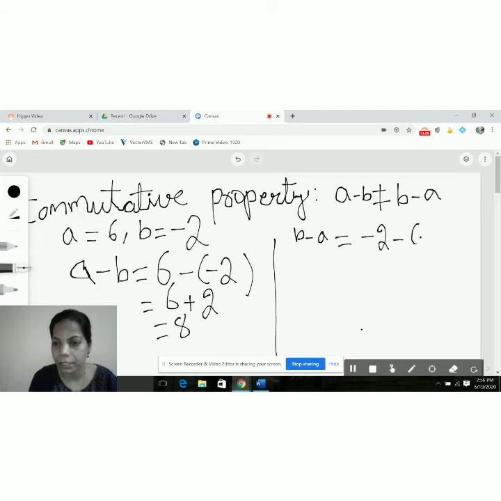Minus a, 6. A is 6. So minus 2 and minus 6. If we have two negative integers, what we have to do? We need to do addition with negative sign. Now observe, we got a minus b is equal to 8 and b minus a is equal to minus 8. Are they both same? No, they are not same. Right? So we have proved the commutative property. A minus b is not equal to b minus a.